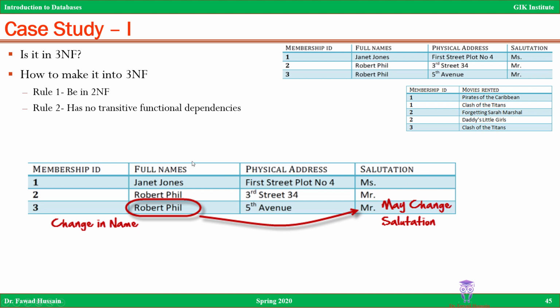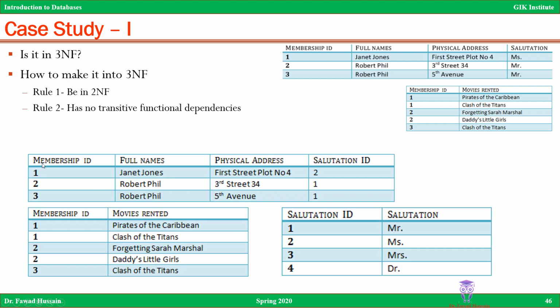So the salutation and the full name were dependent, and so we have separated them into different tables. And now the question arises, why didn't I use full name and salutation? The reason was full name cannot be a primary key because you have a repetition. If I did not have this surrogate key, then full name would have been here and this would have formed the composite key.